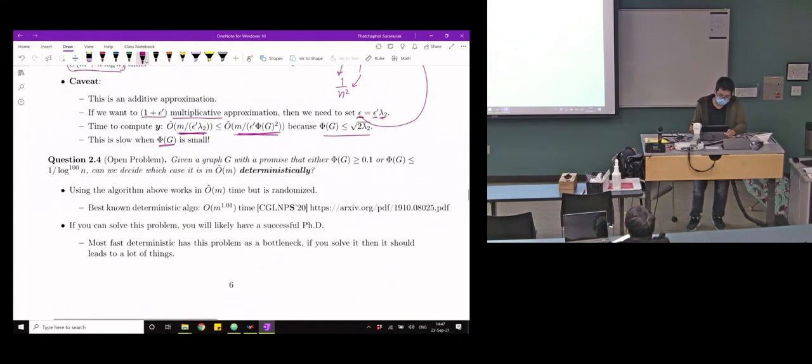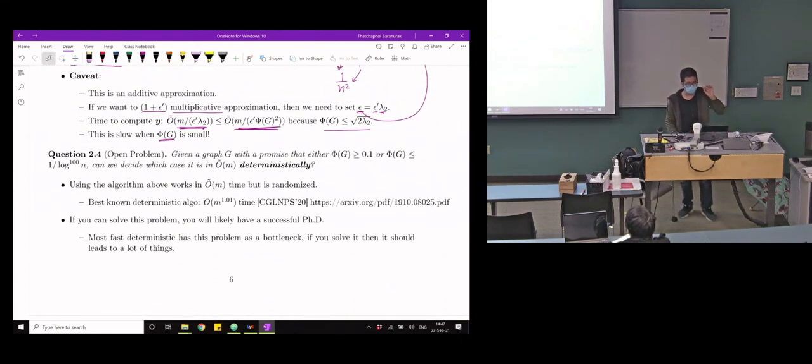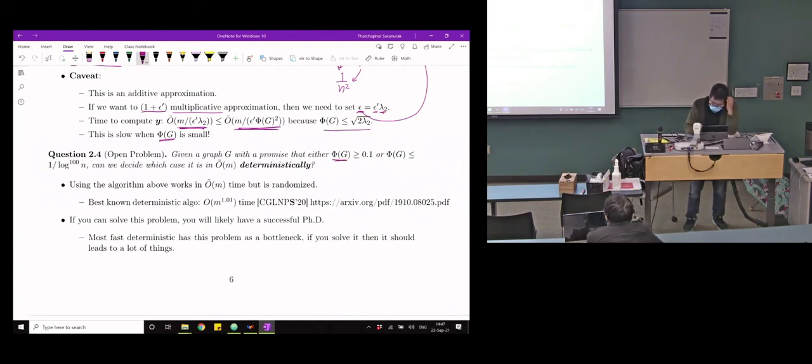Okay, and there is one of my favorite open problems here. That is, suppose that phi is actually big. Suppose that you know that phi is either zero, constant, or phi is 1 over log to the 100.